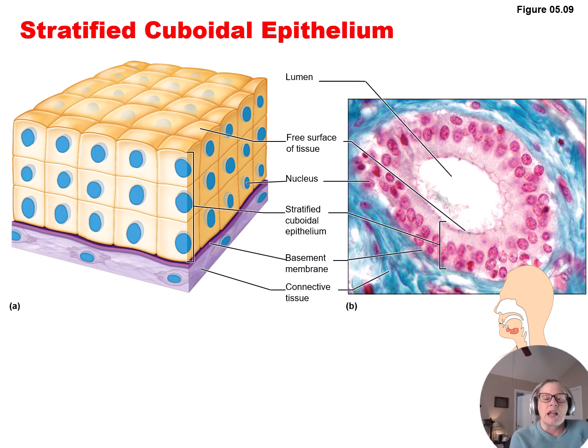But some of the places that you will find them are in your sweat glands and in mammary glands. And these are the glands that produce milk. Fun fact, mammary glands are actually a modified sweat gland. So breast milk is actually a modified form of sweat. Kind of strange, isn't it?